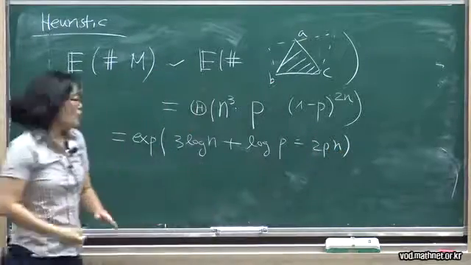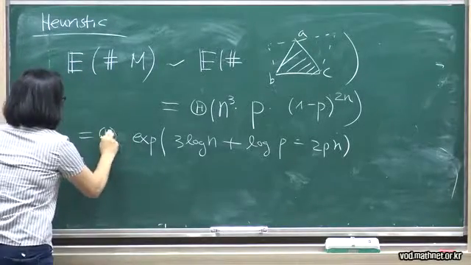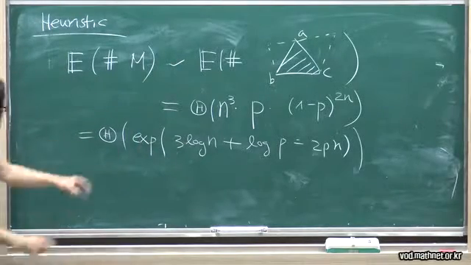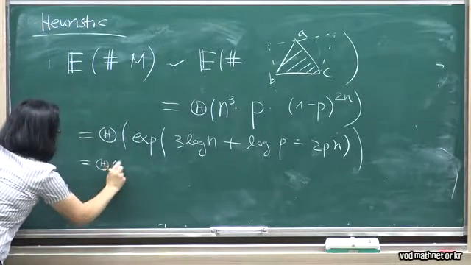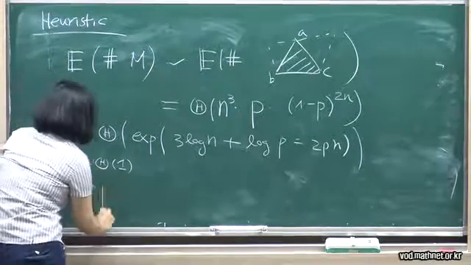As I said, to find the threshold, it's enough to find a p so that this quantity becomes 0. When this becomes 0, when p is equal to what?